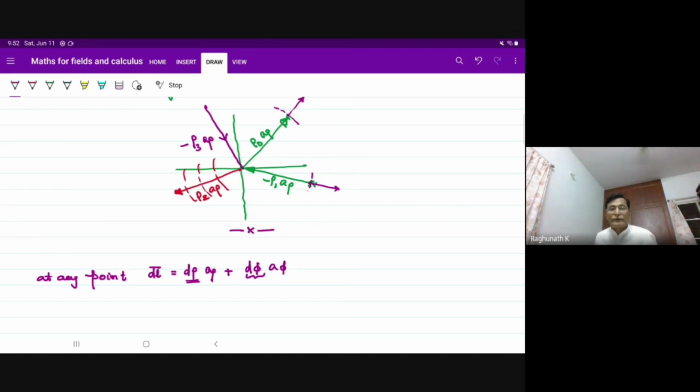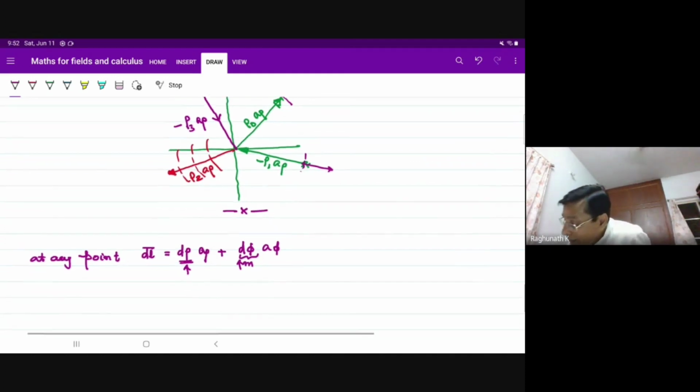Correct? dl bar, both are in meter, in the direction of a phi. a phi is a unit vector. The unit of d phi is not radian. d rho, d phi, definitely when I say dl bar, all the components should be of the same units. Their numbers are d rho, d phi.